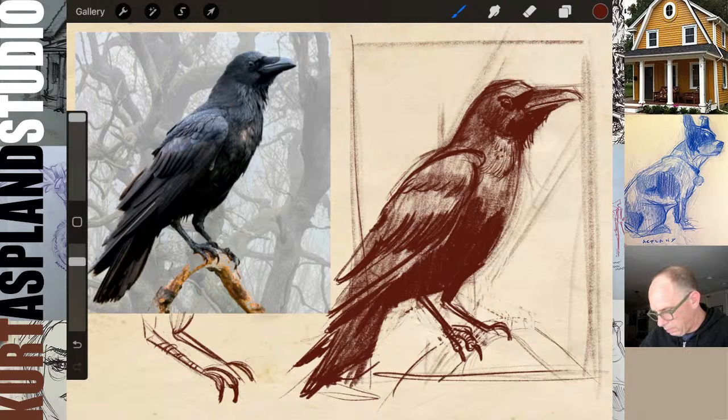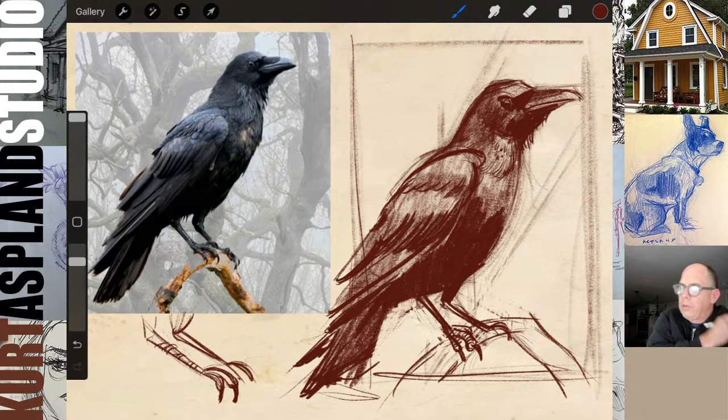All right, I'm going to come in here now and kind of think about this branch that he's standing on. The thing is, when you're drawing wood too, you want to use this idea of sometimes that idea.